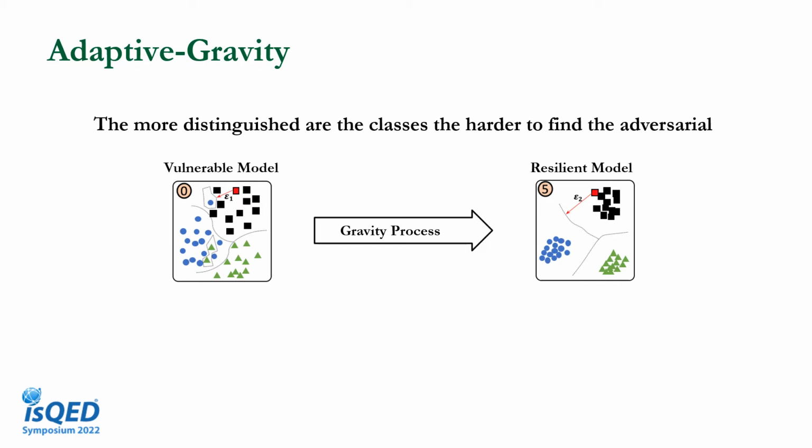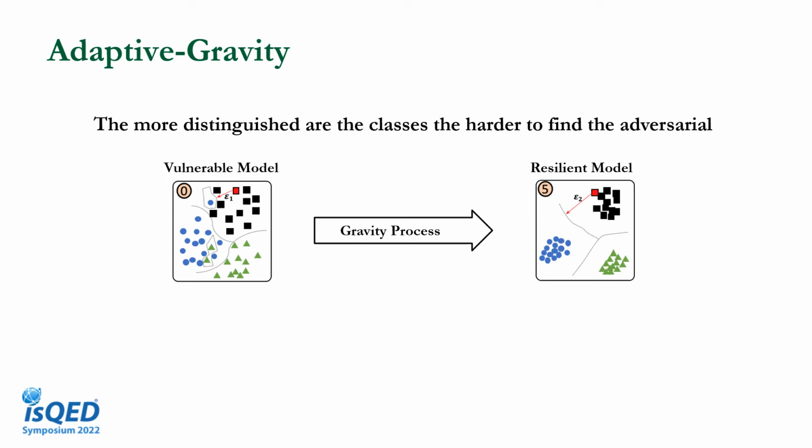Let's consider a vulnerable model on the left, which is marked by 0. The adversary applies some perturbation epsilon1 to the red square and causes the model to classify it as the blue circle. But in the resilient model, the classes are more separated from each other and each class is more concentrated.